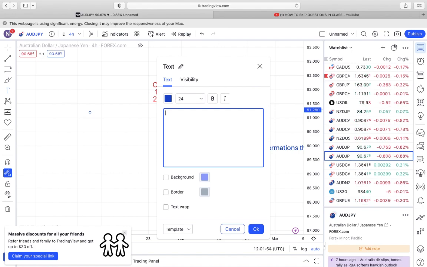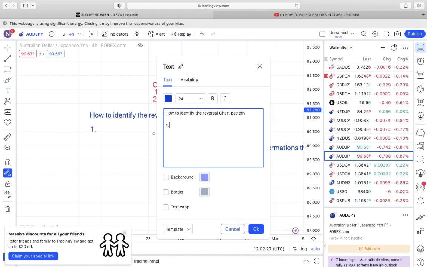What are the factors you have to consider to identify a reversal chart pattern? How do you identify a reversal chart pattern?